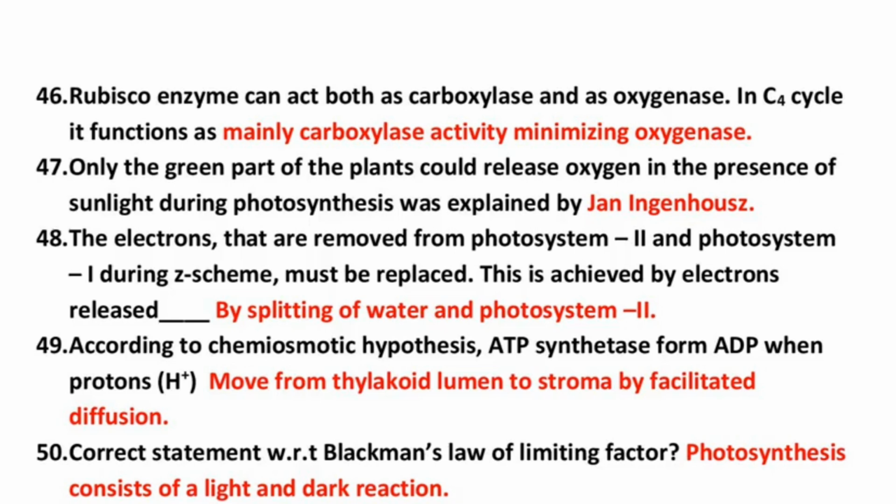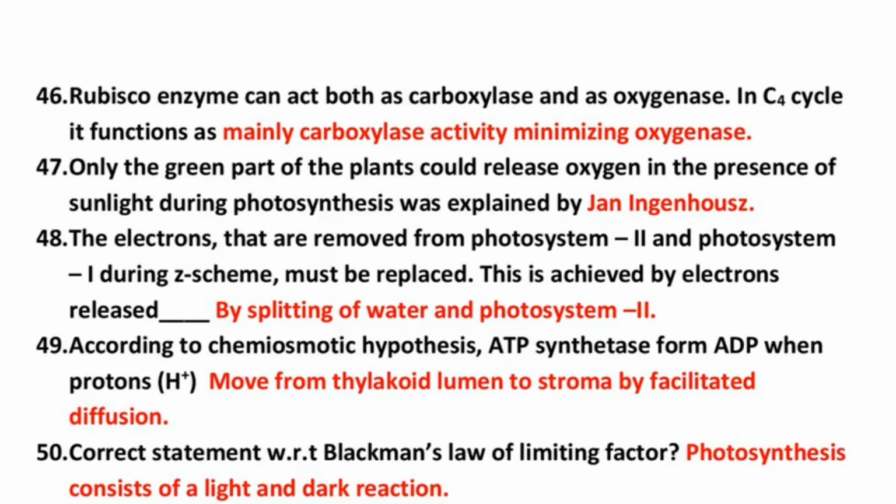This is achieved by electrons released by splitting of water in photosystem 2. Question number 49. According to chemiosmotic hypothesis, ATP synthetase forms ATP from ADP when protons move from the thylakoid lumen to the stroma by facilitated diffusion.